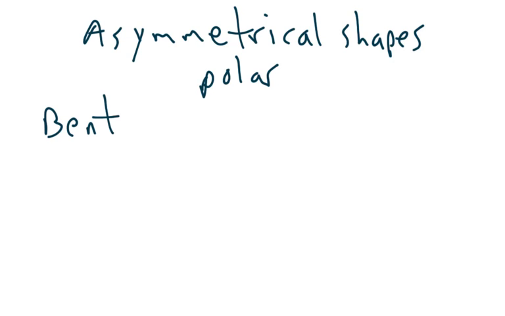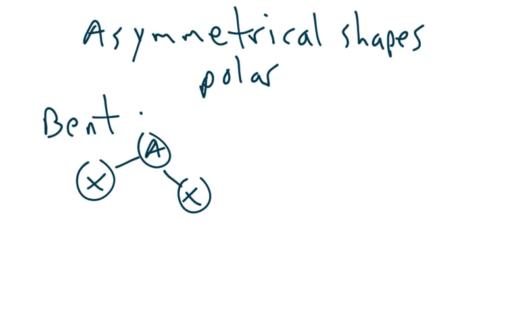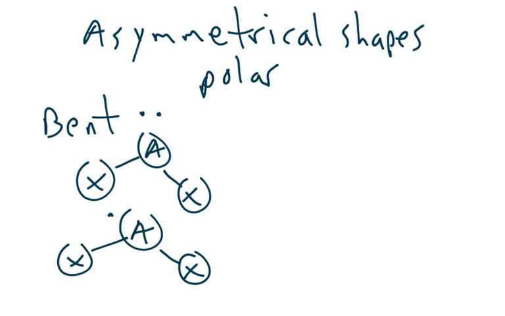There are 2 types of bents. You have the bent that has 1 lone pair, and then you have the bent that has 2 lone pairs, such as water. We saw ozone earlier as the one with 1 lone pair. So the bent is going to be considered an asymmetrical shape.